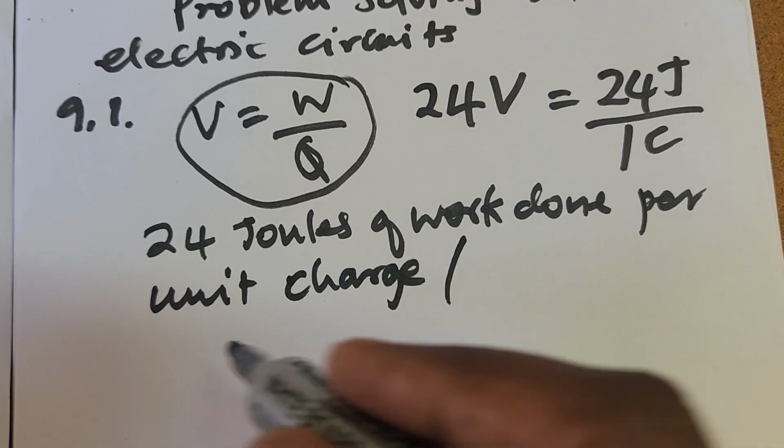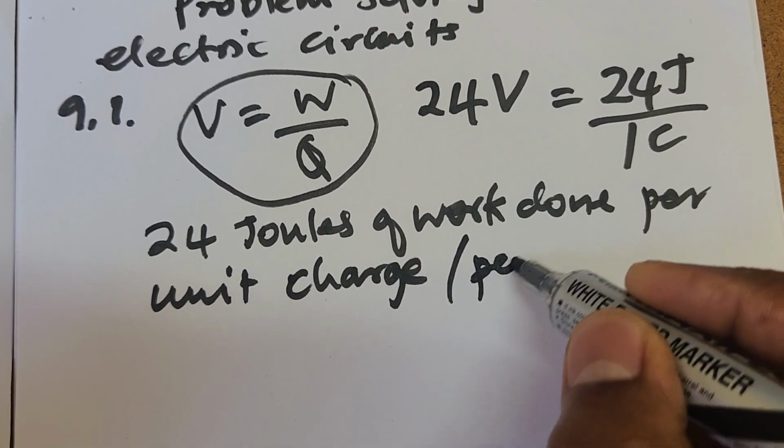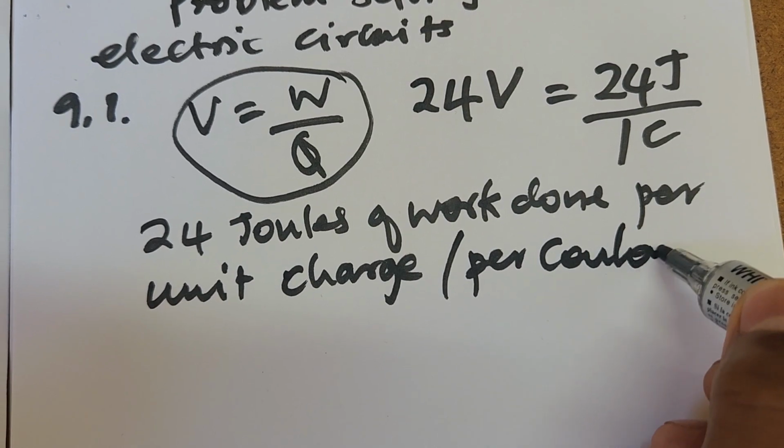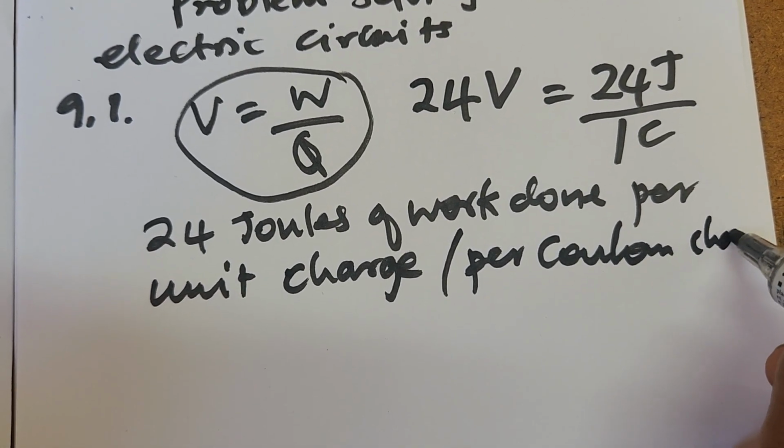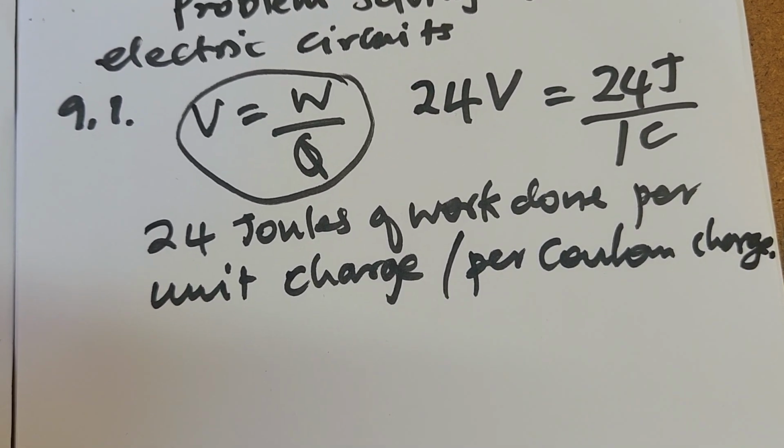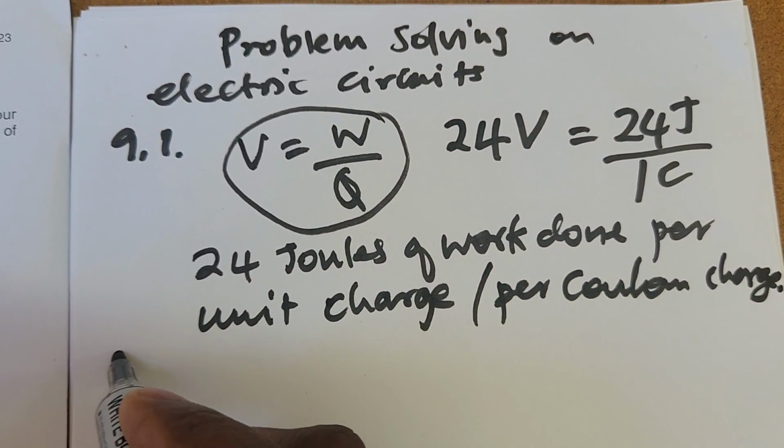You can say unit, or they use the word per coulomb charge. You will be correct. Fine.